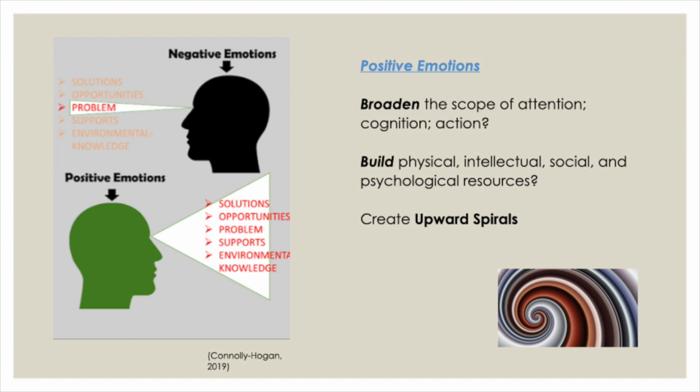Barbara Fredrickson's theory explains that when we have positive emotions, our scope of attention broadens to include the solutions, the opportunities, the supports, and the environmental knowledge that help us to know how to handle the problem.